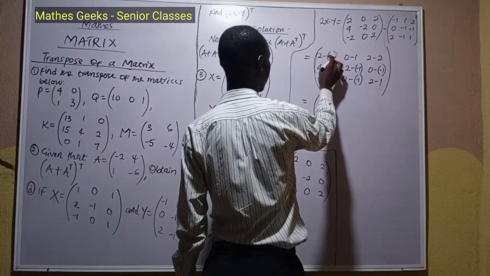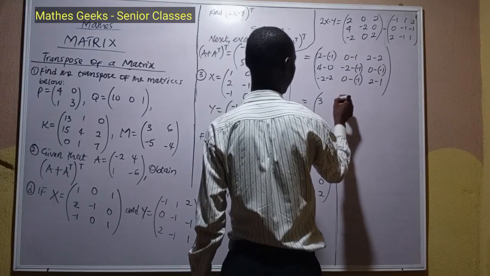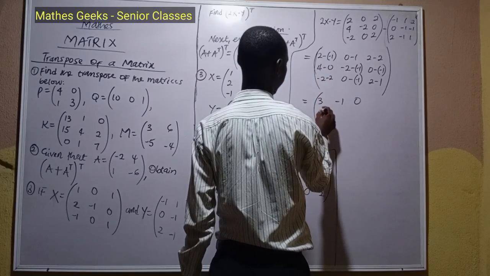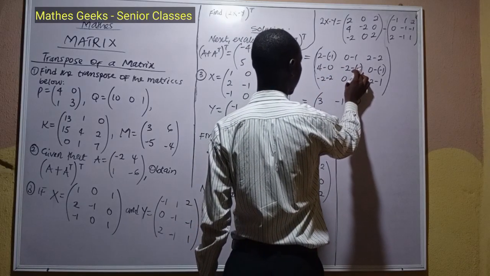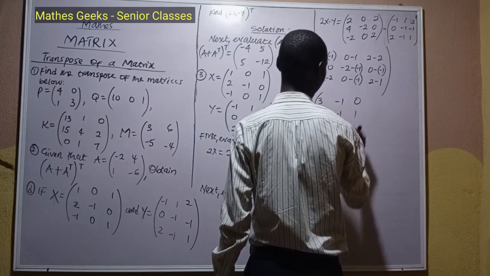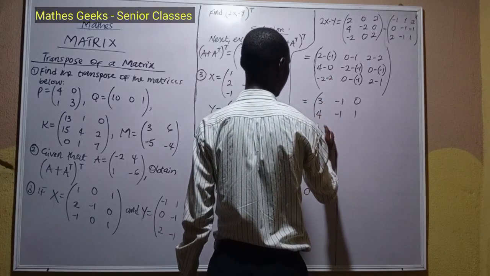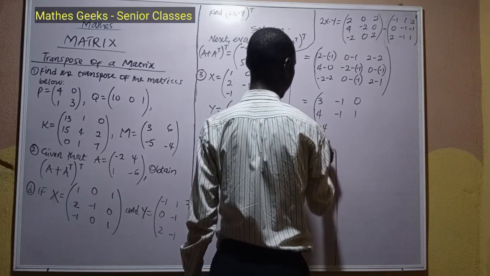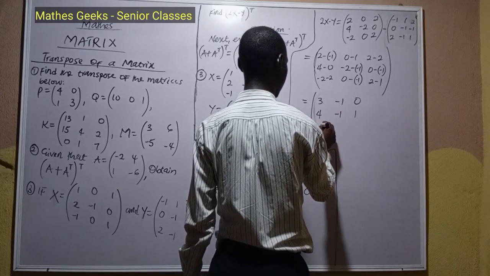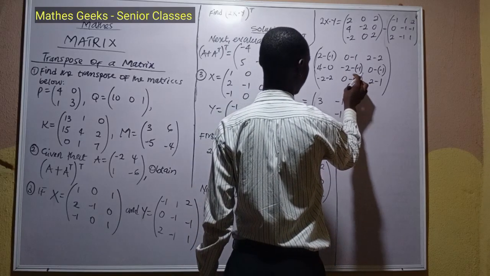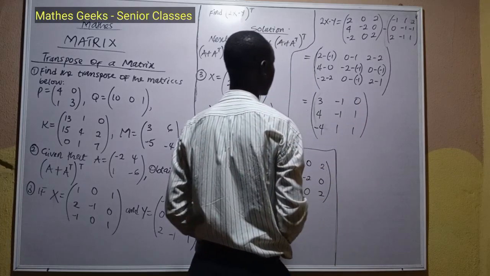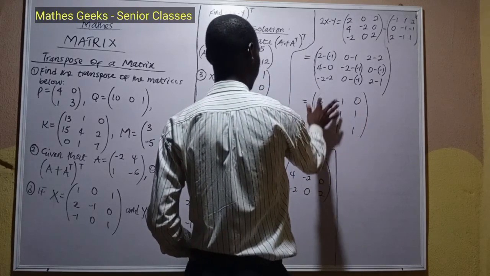So minus is plus: 2 plus 1 is 3, 0 minus 1 is -1, 2 minus 2 is 0, 4 minus 0 is 4, -2 plus 1 is -1, 0 plus 1 is 1, -2 minus 2 is -4, 0 plus 1 is 1, 2 minus 1 is 1. So this is 2X minus Y.